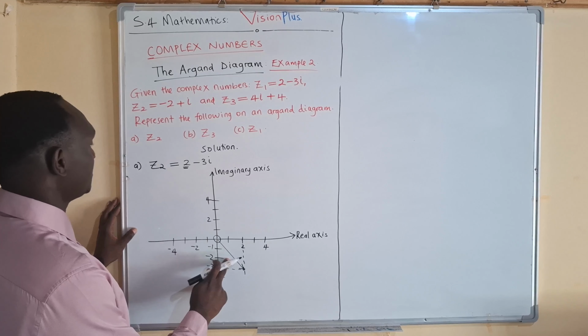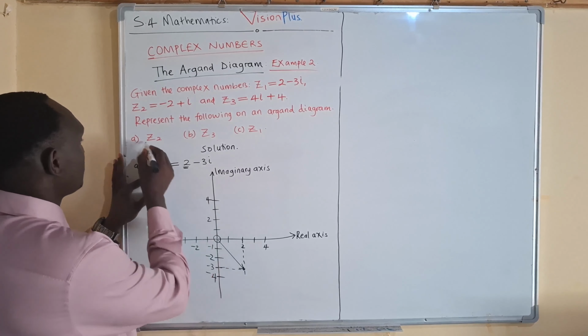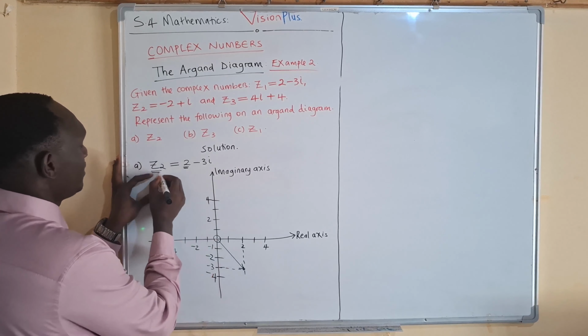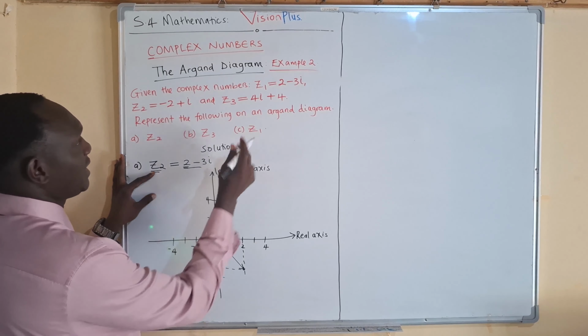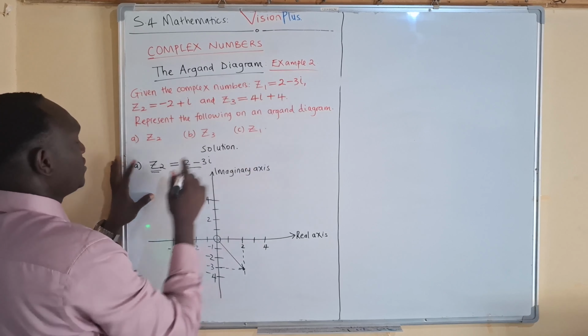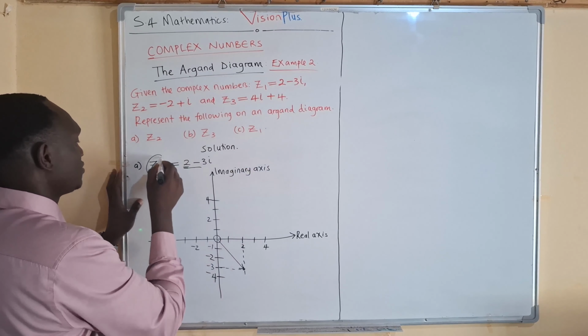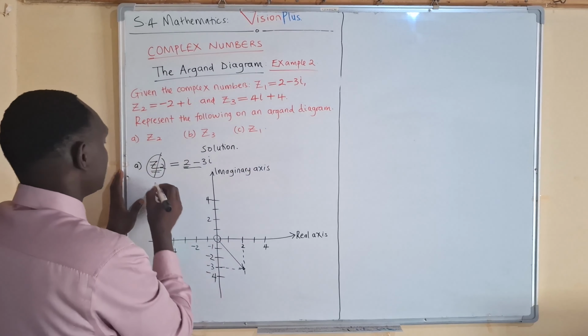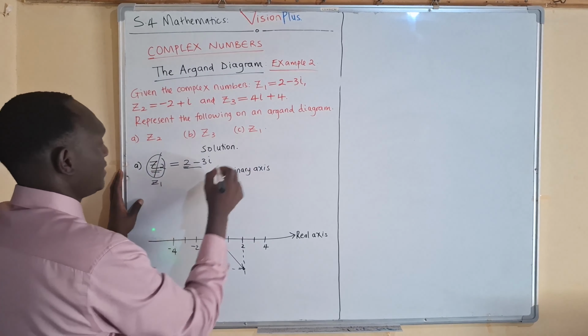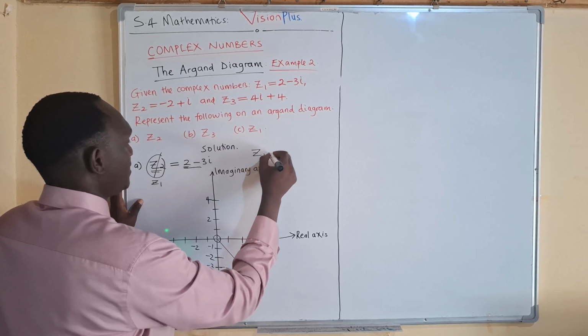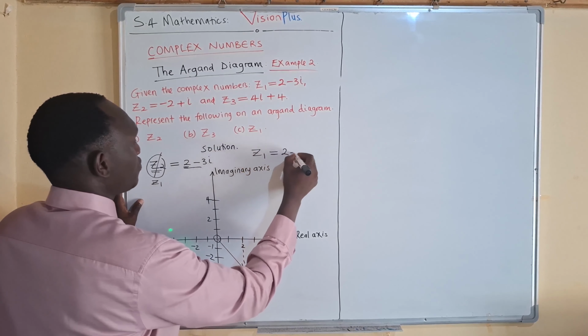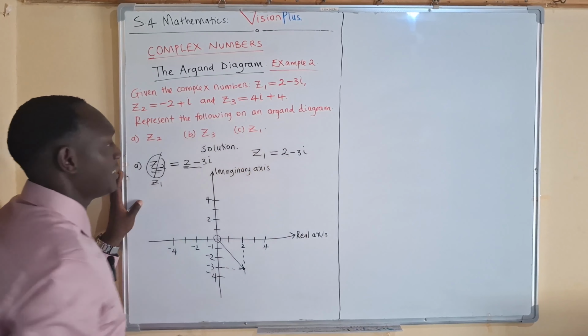I've realized the mistake. The question was saying Z2, but we have substituted here for Z1 instead. So this is not Z2. Instead, it is Z1, which is equal to 2 minus 3i.